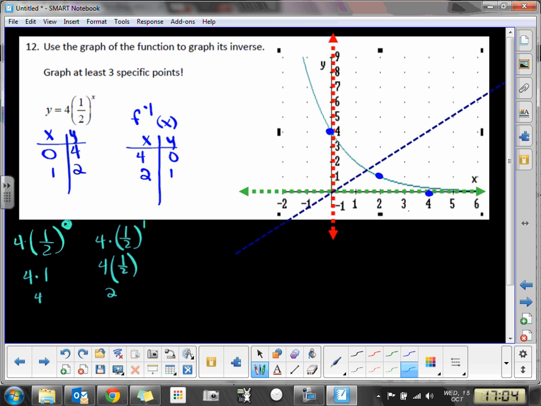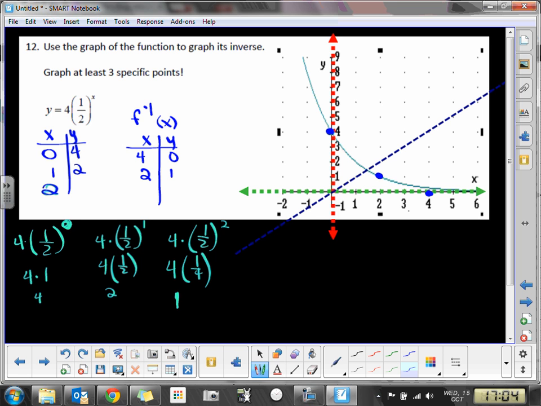I need some more ordered pairs here to help me define the shape of this. So the next one I'm going to do is try putting in a 2. When I put in a 2, it's 4 times 1/2 squared. A half squared is 1/4, so it's 4 times 1/4, and it's going to give me an output of 1.